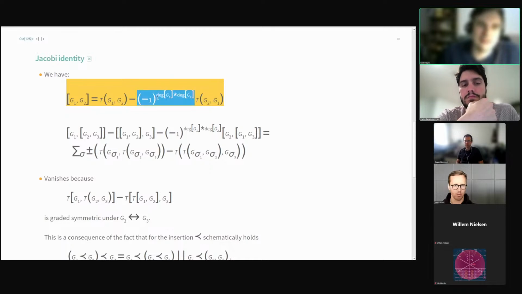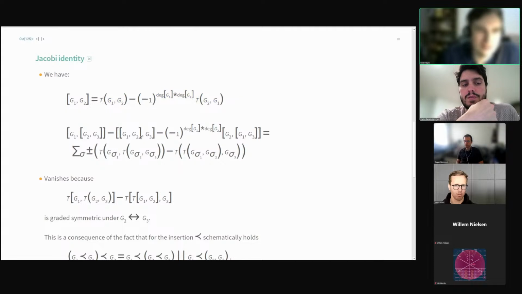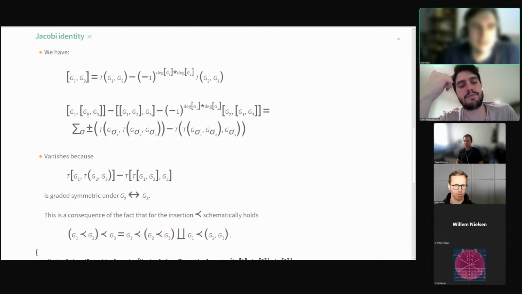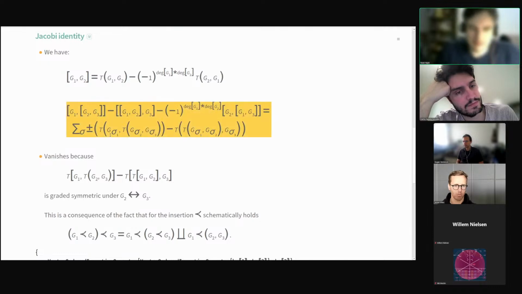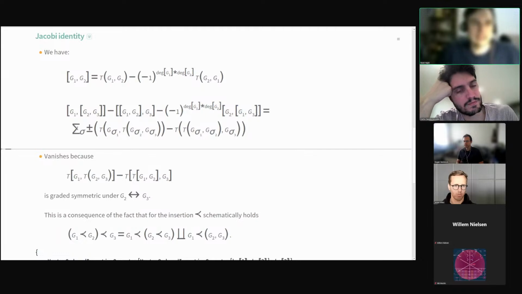There are the gradings, and then if you rewrite the Jacobi identity, the Jacobi term, this is just a simple algebraic computation. You will see that it can be written as the sum over all permutations of the elements of these.